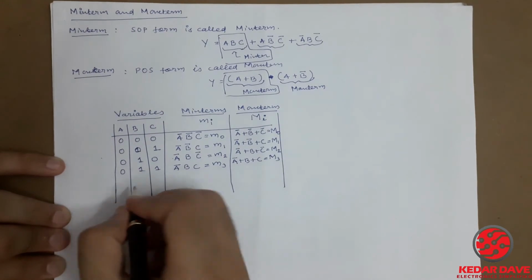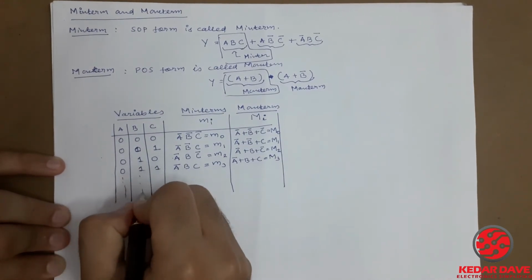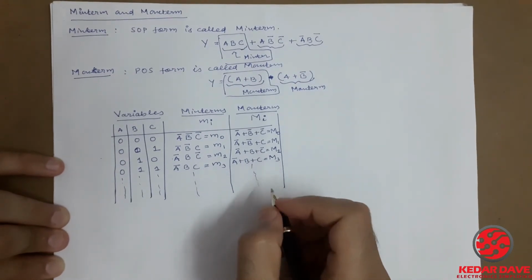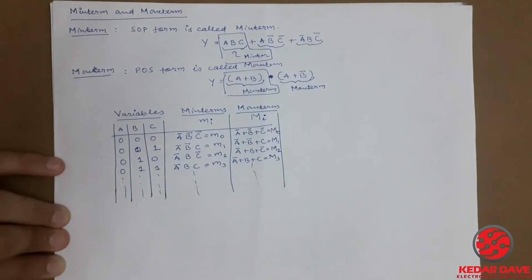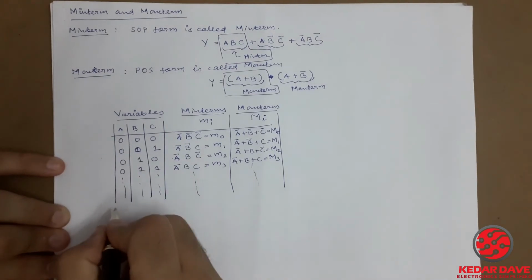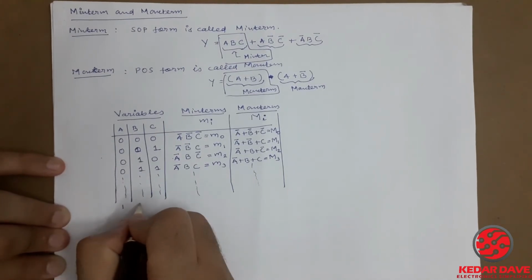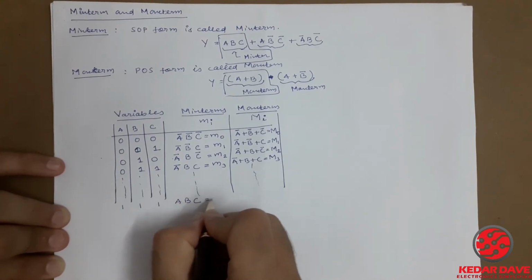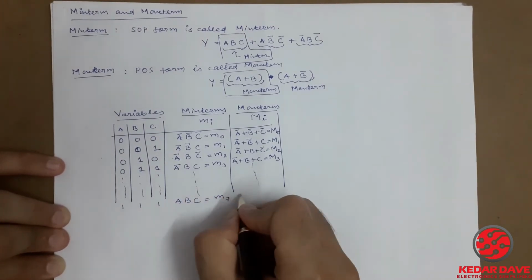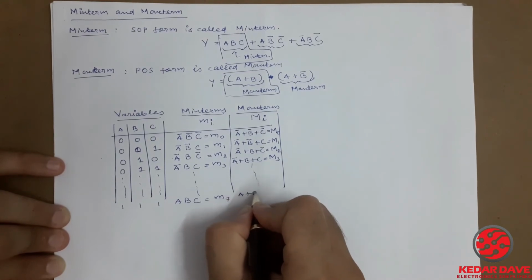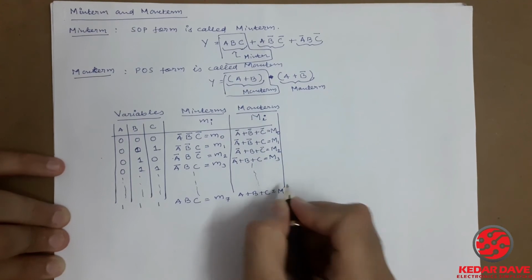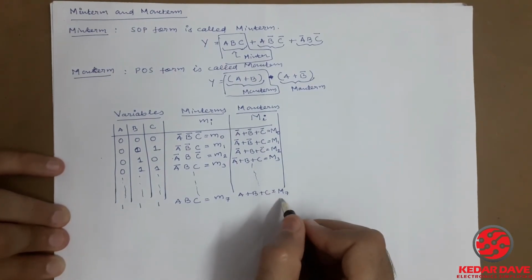So this way, if we go on and put these values, then we will get the different minterms and maxterms, and up till what? Then up till it will be 1, 1, 1. Then it can be written as a, b, c is equals to m7. And over here a bar plus b bar plus c bar, the minterm written as m7, maxterm written as M7.